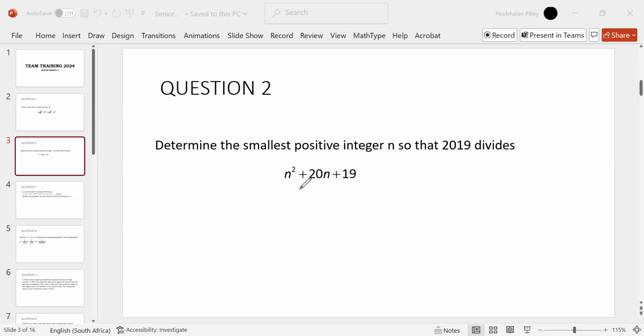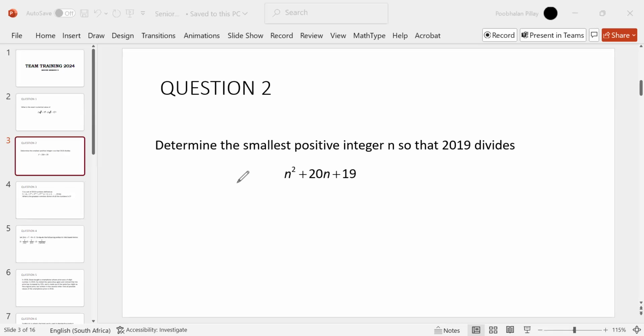When you substitute a positive integer into this, you're going to get another positive integer. So you want to know if 2019 is going to be a factor of this. It divides it. So maybe there are some values of n which will make this into a factor. Now the question is, of all those values of n, which is the smallest?